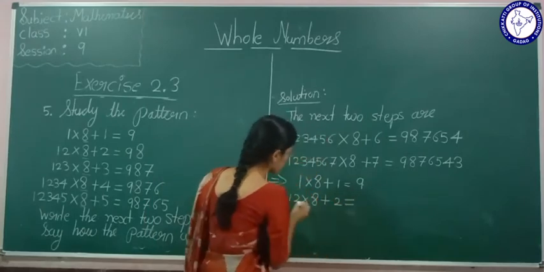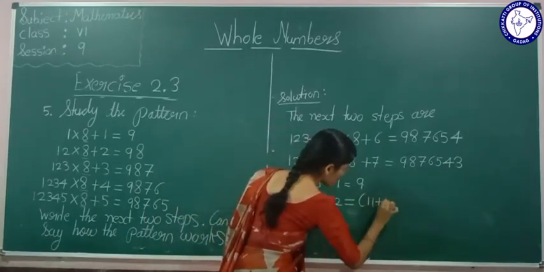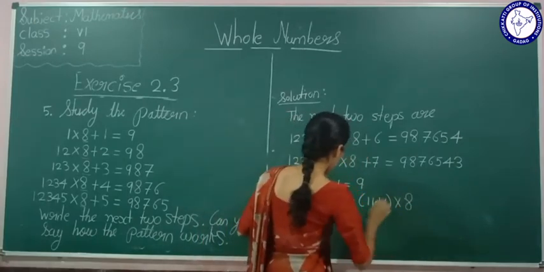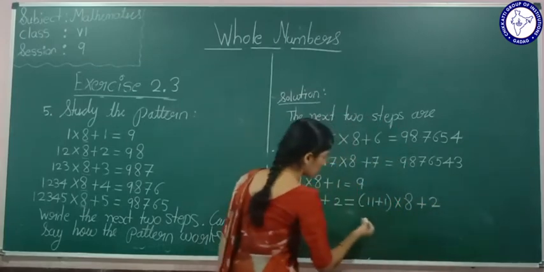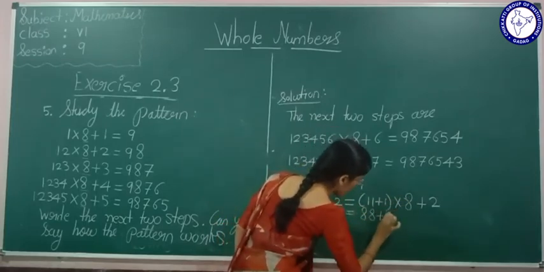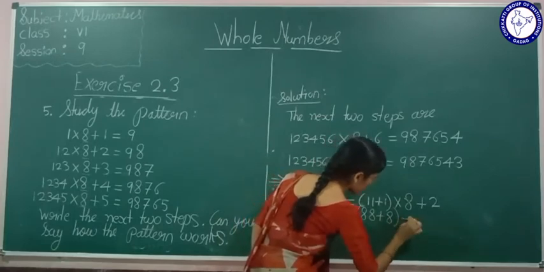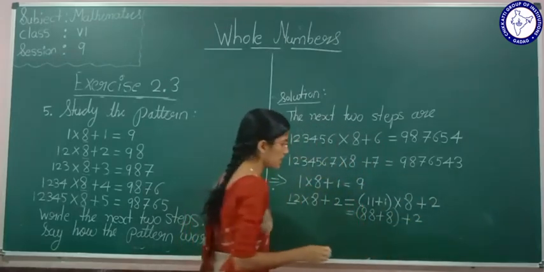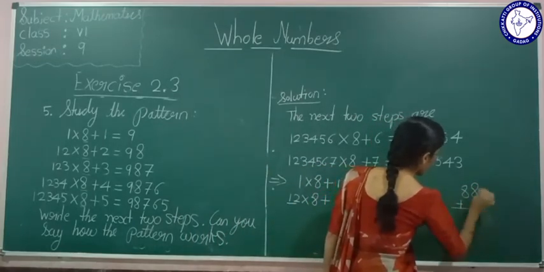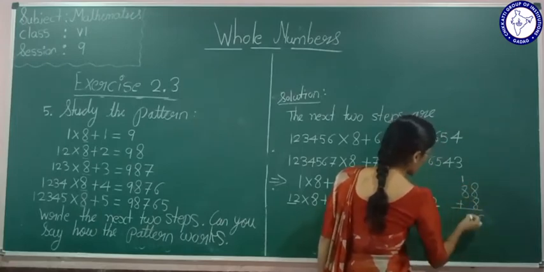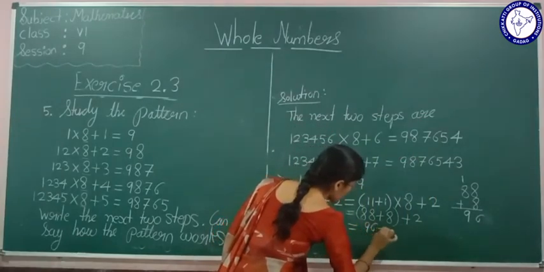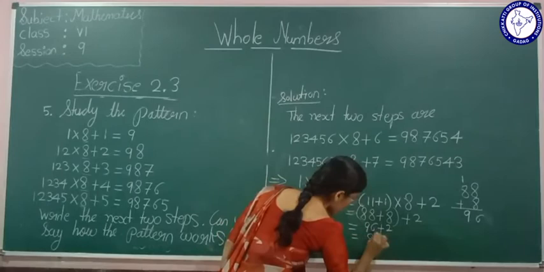This 12 can be written as 11 plus 1. 12 multiplied by 8 plus 2: 11 eights are 88, plus 1 eight is 8. 88 plus 8: 8 plus 8 is 16, 8 plus 1 is 9, so it is 96. 96 plus 2 is 98.